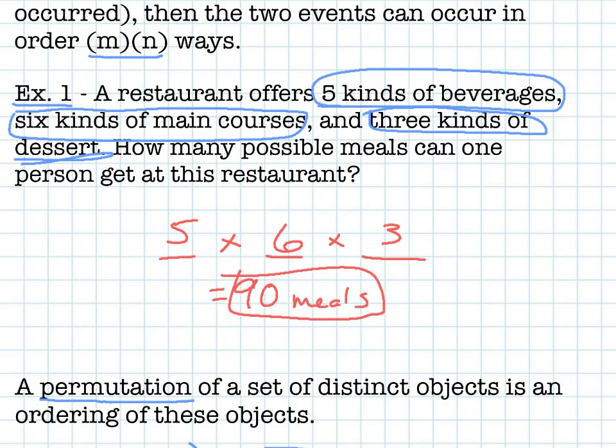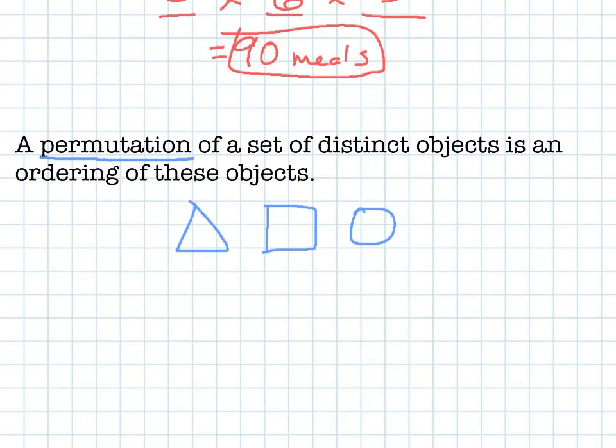Okay. The next thing is a permutation. Now, a permutation just on its own is a set of distinct objects and an ordering of these objects. Okay. So I have 3 shapes here: a triangle, a square, and a circle. And I want to order them into different orderings to see how many ways I can order them. Okay, so that would be a permutation. So using them all is the key thing.